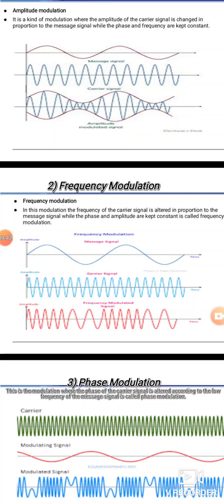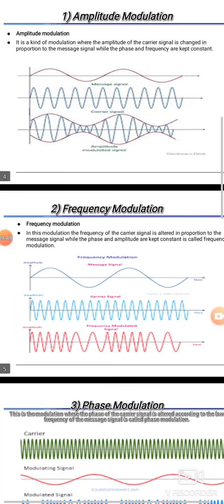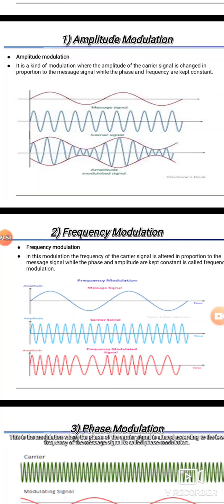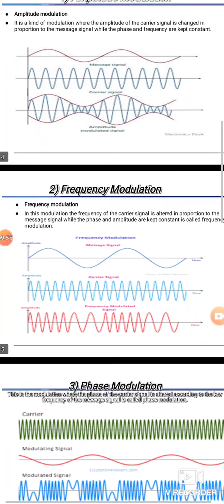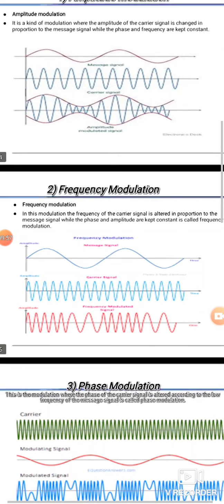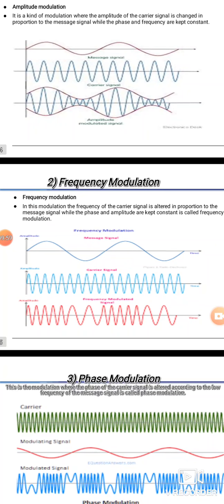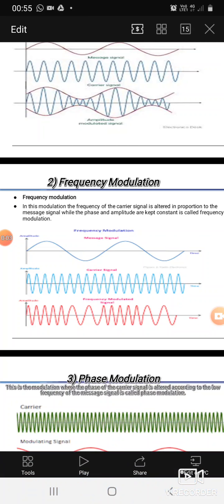Now we will see how to draw the waveforms for these. Before I draw it on paper, just have a look at these diagrams, how the diagrams look for amplitude modulation, frequency modulation and phase modulation. Compare the difference in their waveforms for AM, FM and PM.